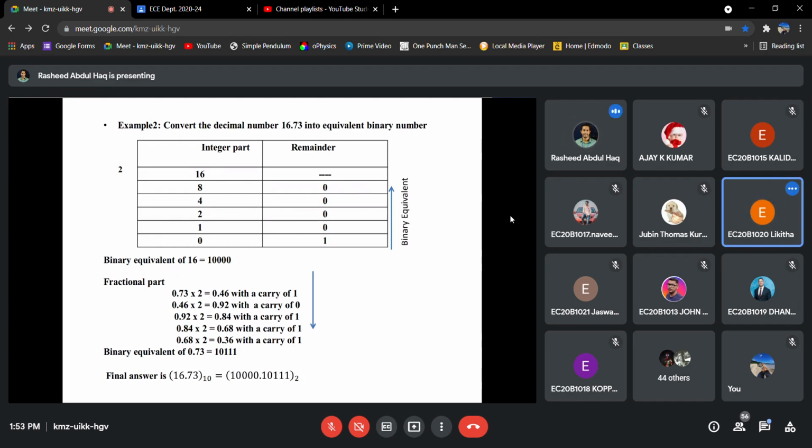I have kept it on the screen also. The next question was asked after this: 65.35 convert to hexadecimal. Did you get the answer? Doing, sir.